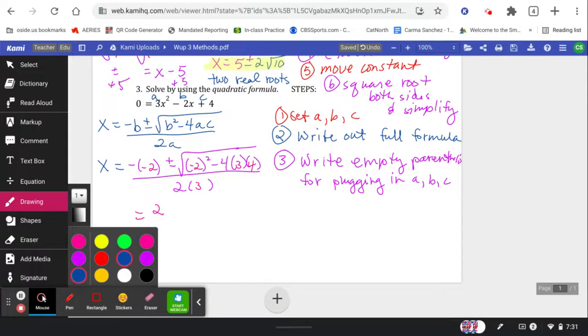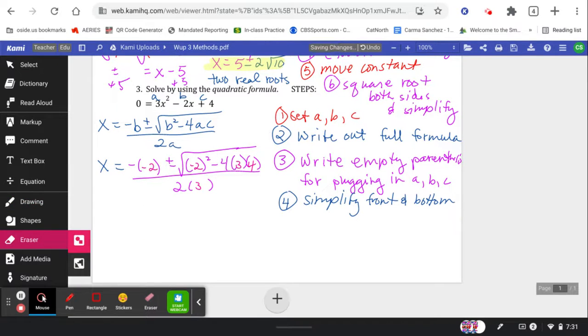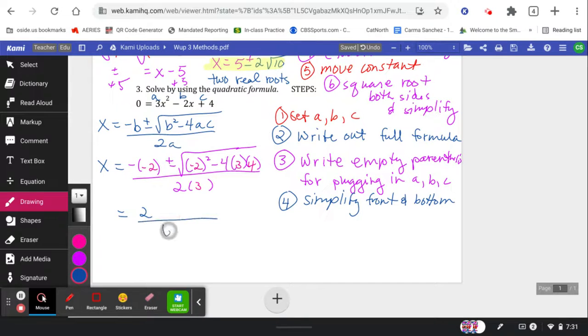We now are going to simplify the front and bottom first. Two squared.